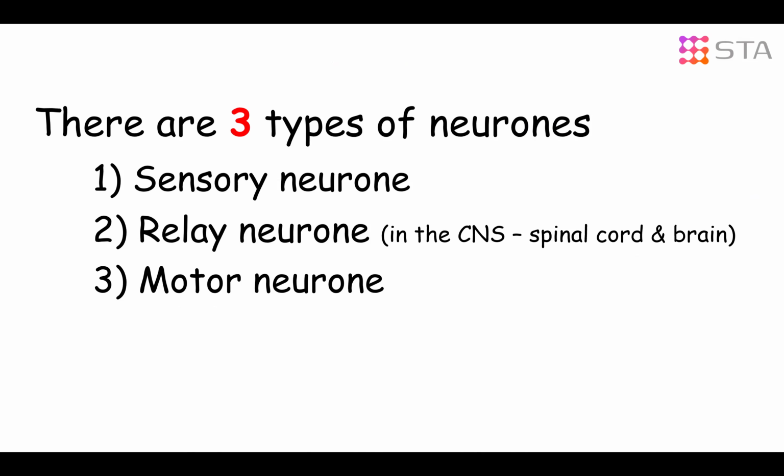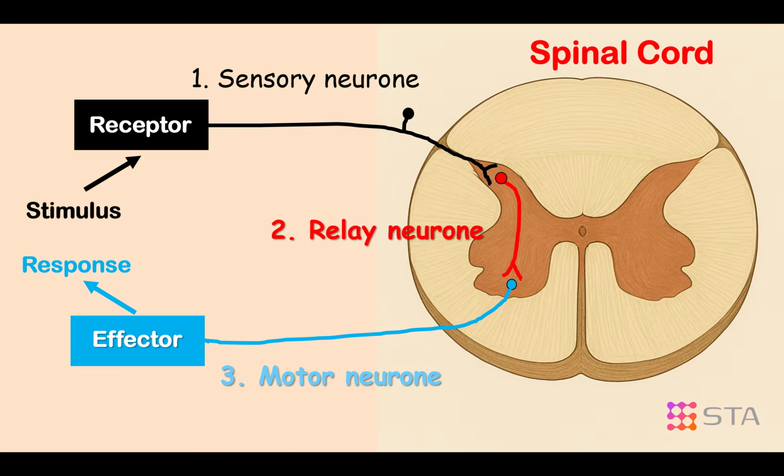They are in the spinal cord and the brain, and they connect the sensory and motor neurons together. So once you've written the three types of neurons down, by all means, pause if you need to. Let me show you this diagram.